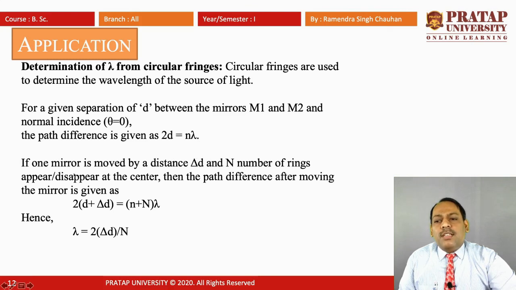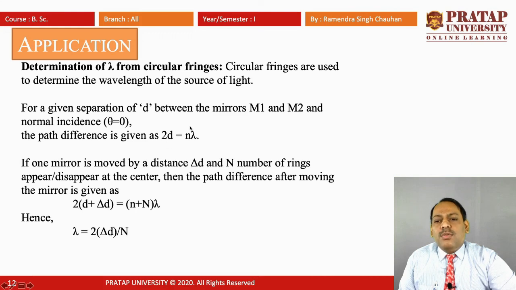So, in both cases, whether the rings are appearing or disappearing as we move the mirror M2, at the center the path difference after moving the mirror is given as 2d plus delta d is equal to n plus capital N times lambda, where capital N is the number of fringes which appear or disappear while changing the distance of mirror M2.